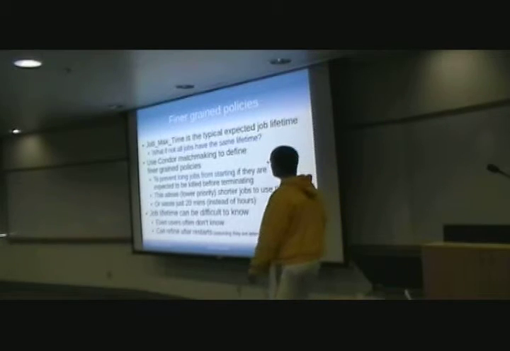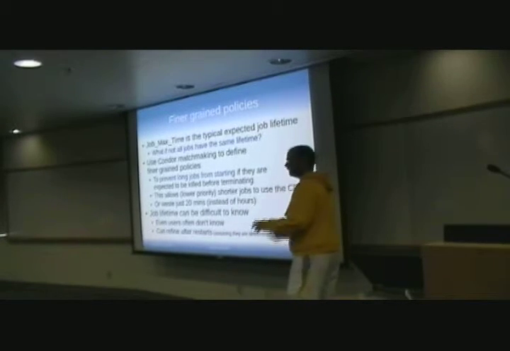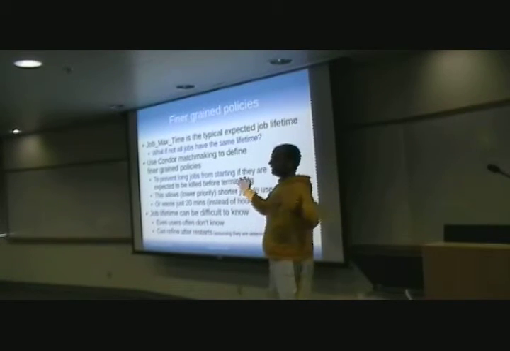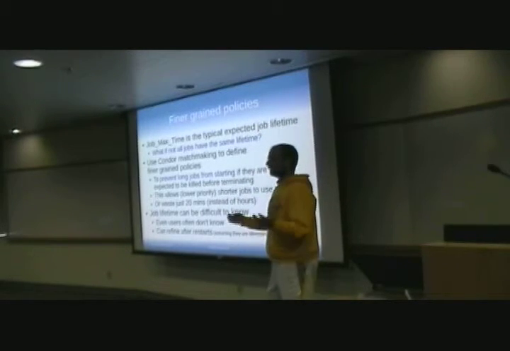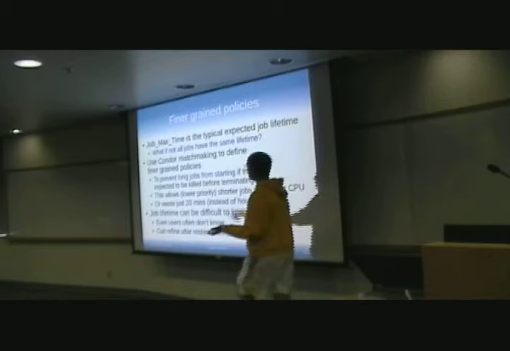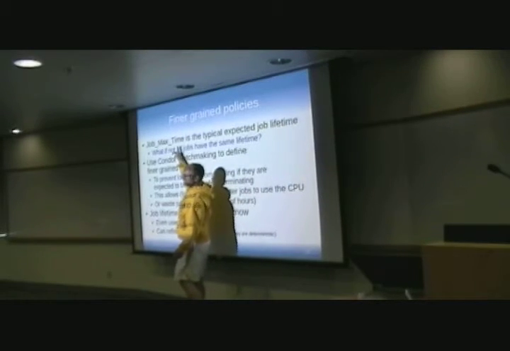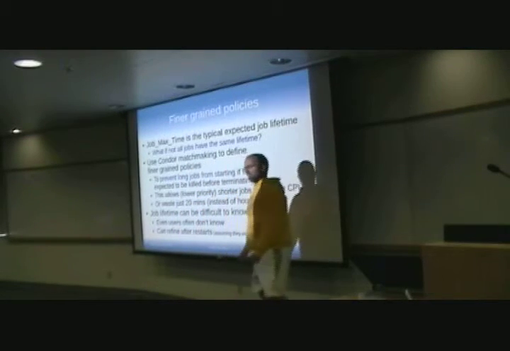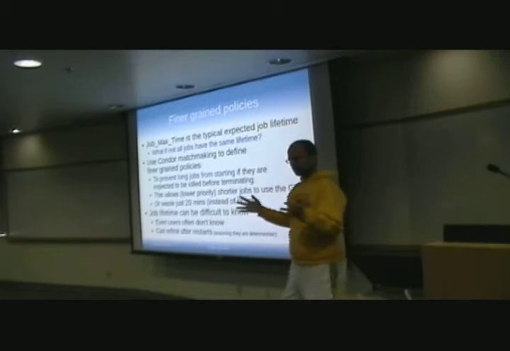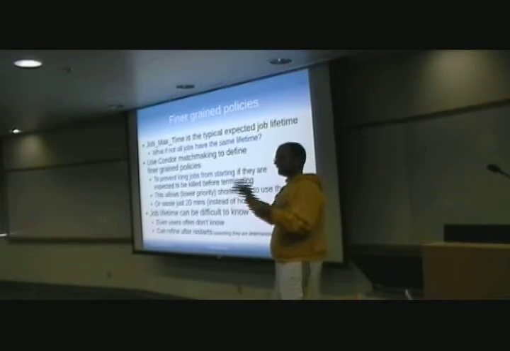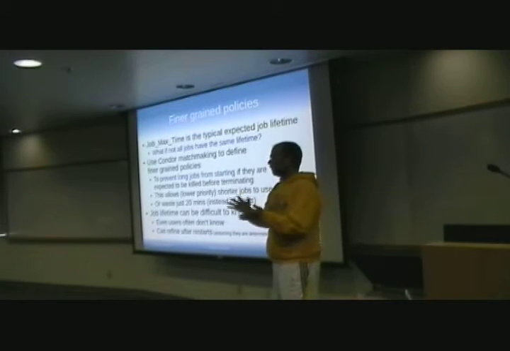Now, fine-grained policies. So you have a wide variety of jobs with different lengths, and a single job max time doesn't really fit your needs. If the spread is not too bad, just set it to the max one, and it actually works pretty well.